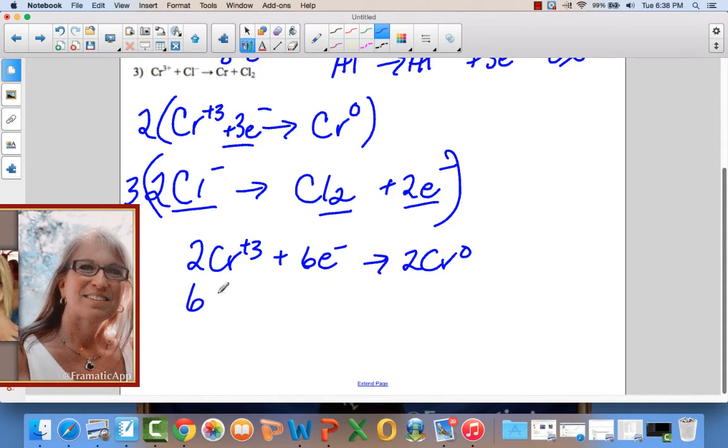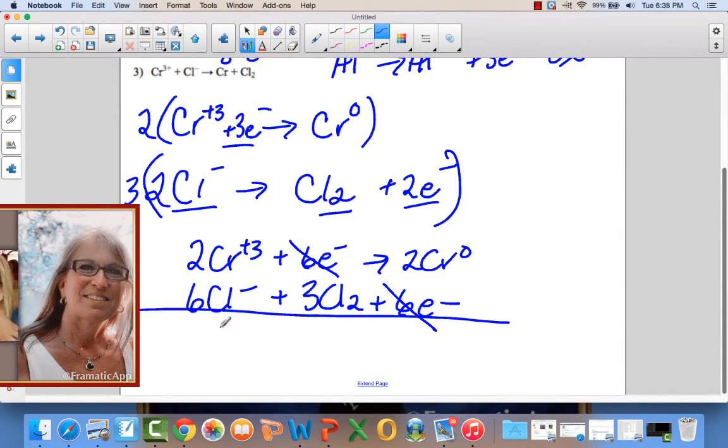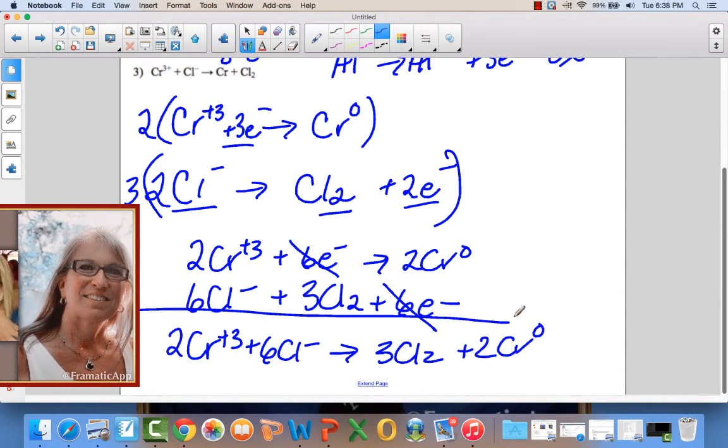And down here I get 6Cl- yields 3Cl2 plus 6 electrons. So now my electrons cancel out, and my final net reaction would be 2Cr+3 plus 6Cl- yields 3Cl2 and 2Cr0.